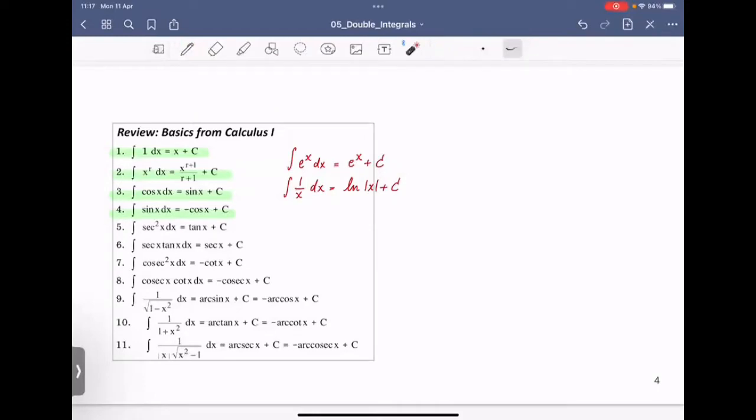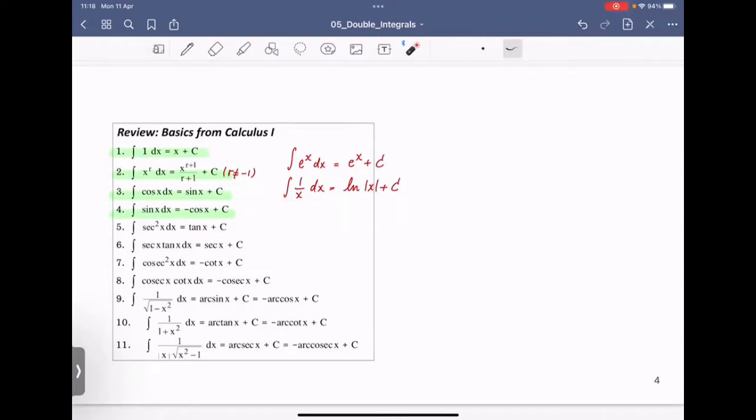Keep in mind that when we talk about formula number 2 here, we mean x to the r, where r is not equal to -1. Because if r equals -1, the denominator is going to be 0, and that is uncomputable. So when r equals -1, go for the logarithm formula.